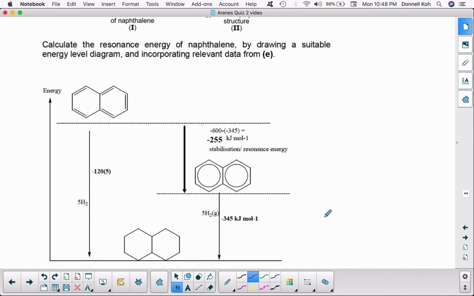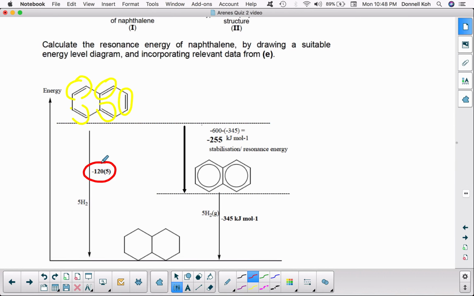So to hydrogenate one alkene is minus 120. So in this case, since you are hydrogenating 5 double bonds, it will be minus 120 times 5. All right.